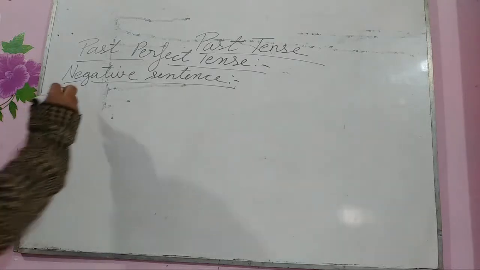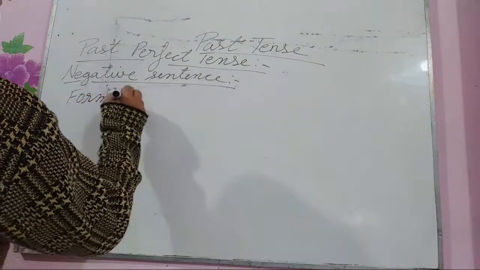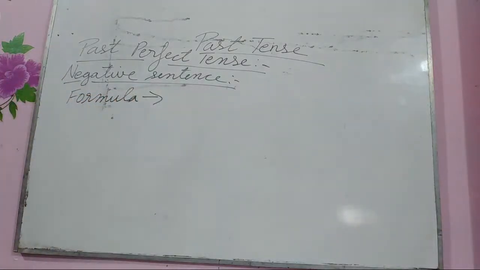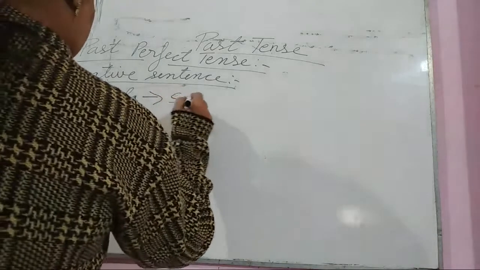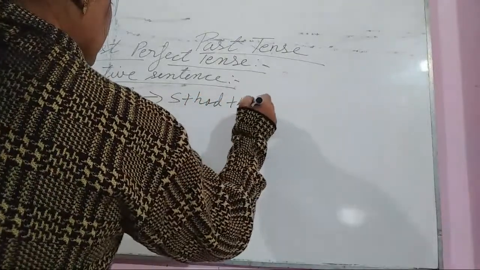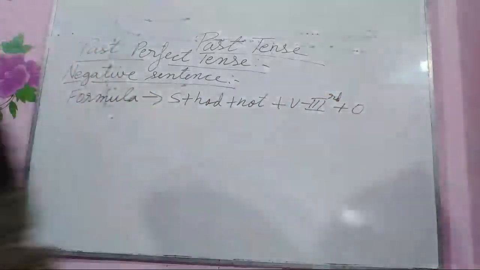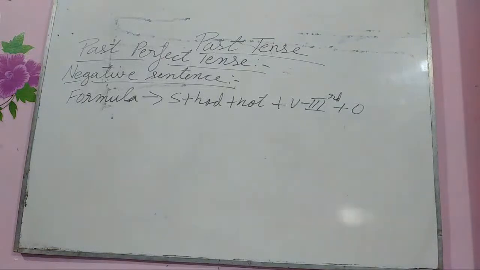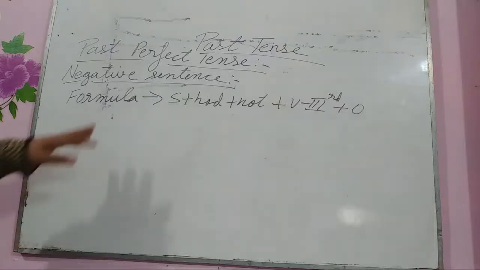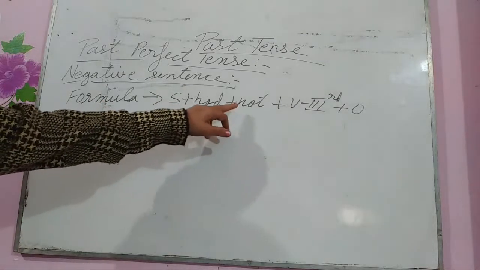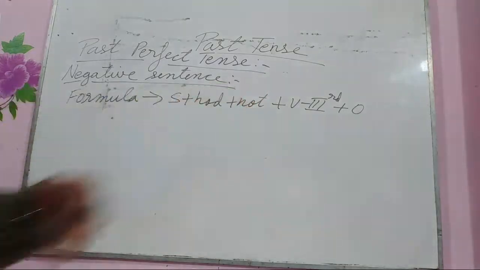The formula for it is, so the formula for the negative sentence in past perfect tense is subject plus had plus not plus verb of third form plus object.